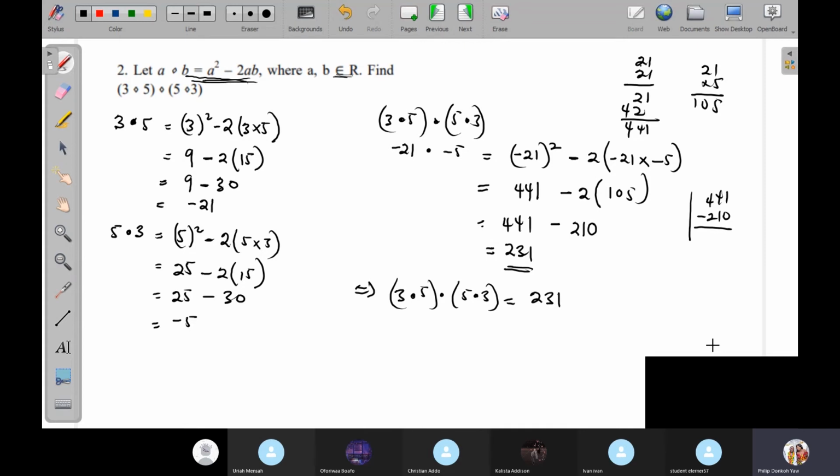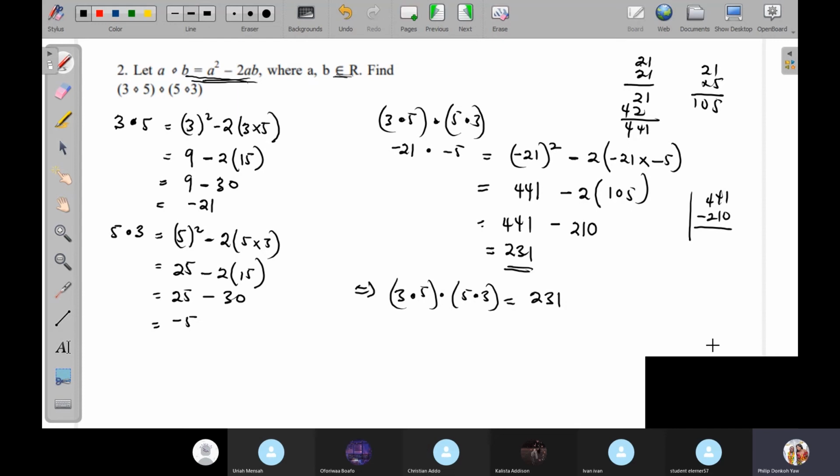But we use the basic operational signs to define those symbols. And for every binary operation, it has a rule that defines the operation. I believe adding this refreshes each and everyone's mind about what binary operation is all about. Please, are we all clear? Yes, please. All right, thank you so much.